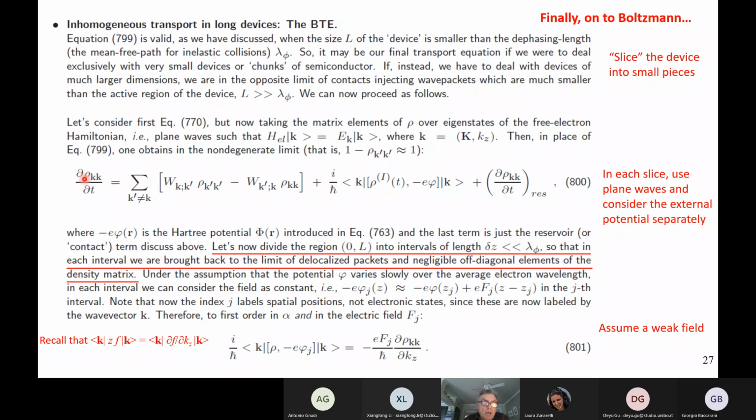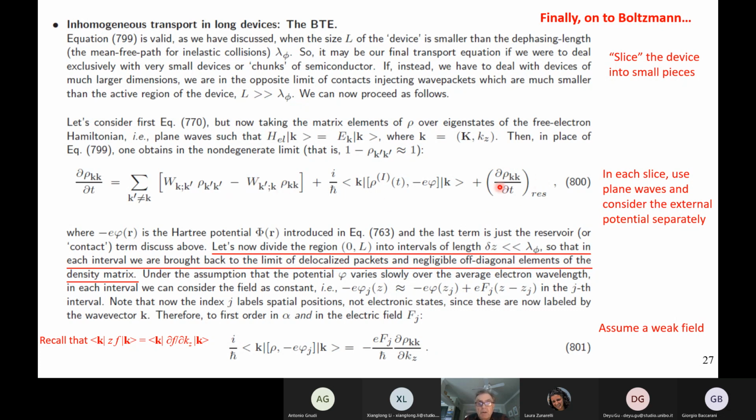So the occupation of a state k can increase because electrons in a state k prime can scatter into k. This is the scattering probability per unit time, or the scattering rate, of going from k prime to k. It can decrease because electrons in a state k can scatter out to different states k prime.